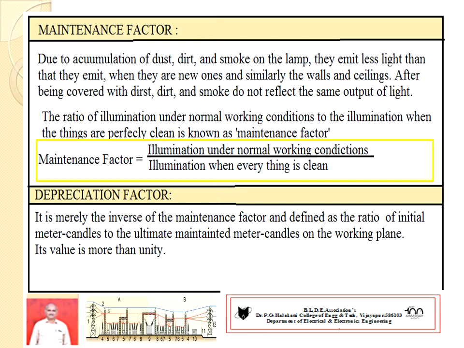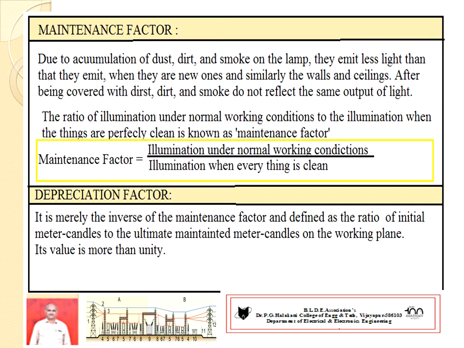That means the lamp is installed at the new condition. Actual working condition means day by day efficiency goes on decreasing due to accumulation of dust and dirt or presence of smoke. All things will affect the illumination. So, this is called maintenance factor.